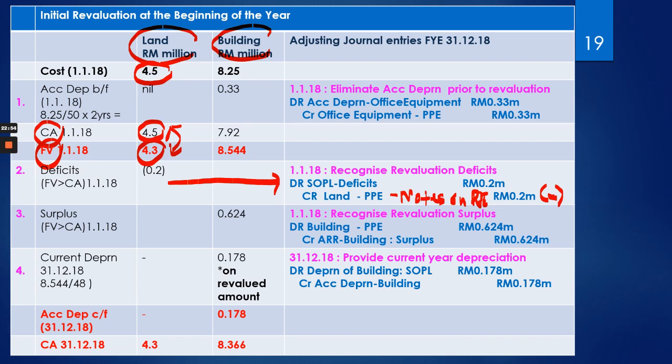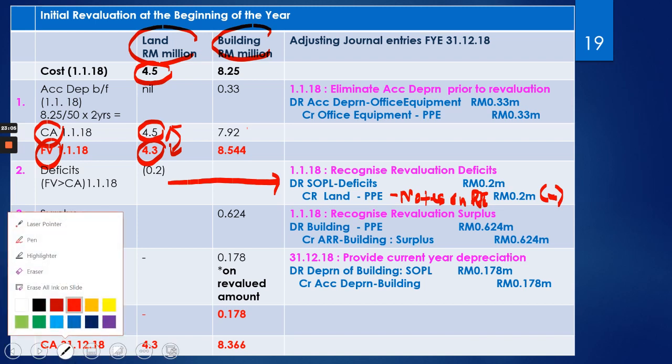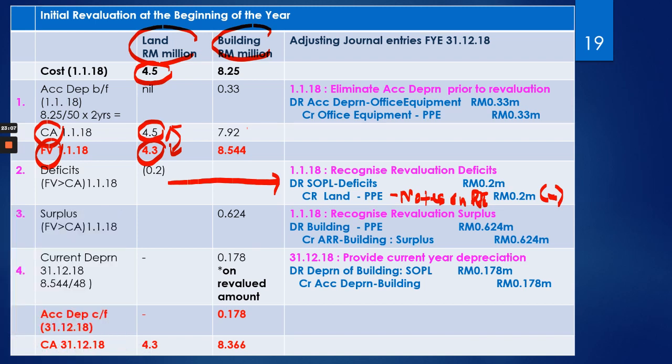Then we go to the second one, building. For the building, you need to find, again, the carrying amount, but before you find that carrying amount, you need to know that that is done at the beginning of the year.